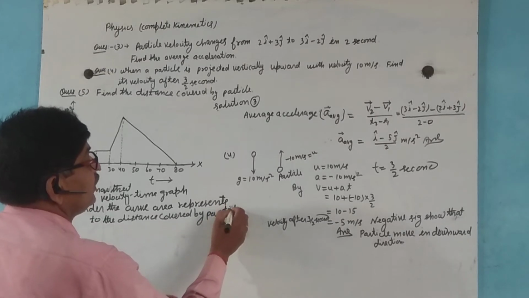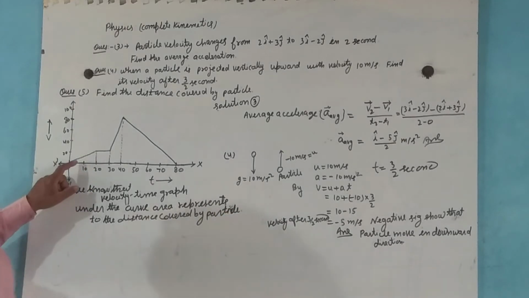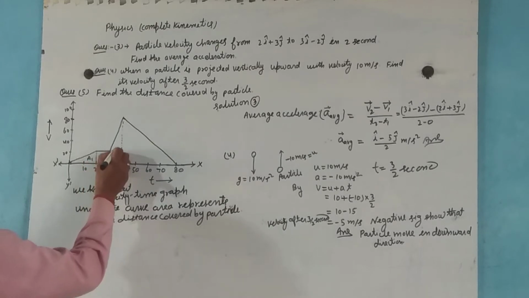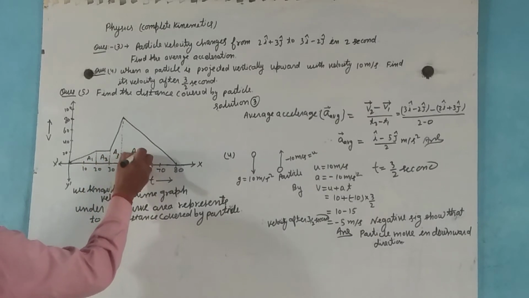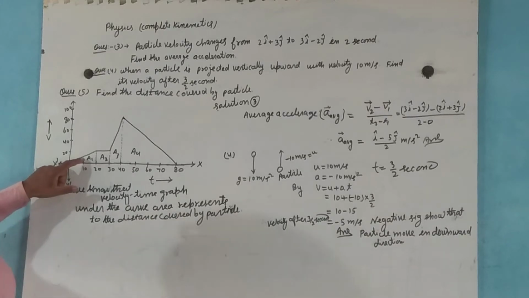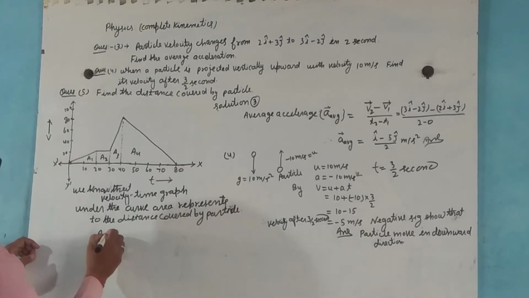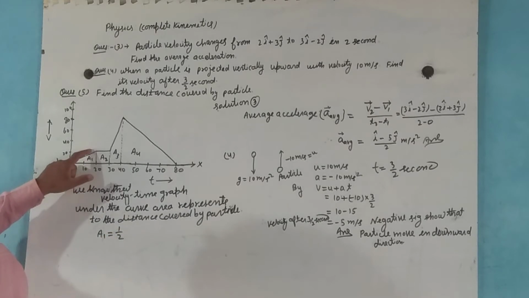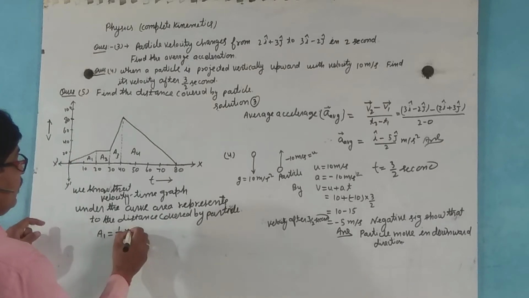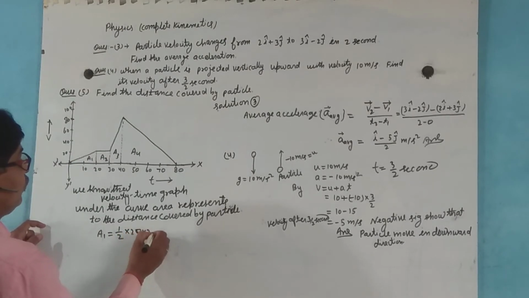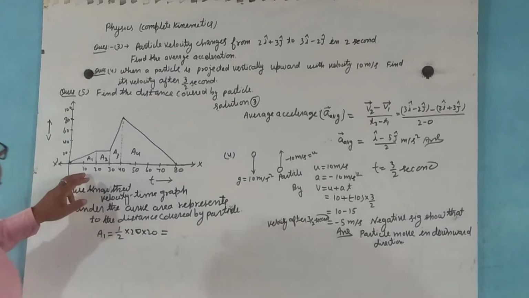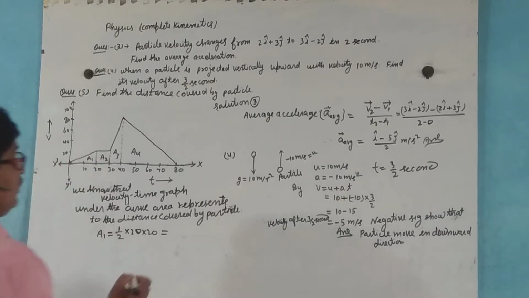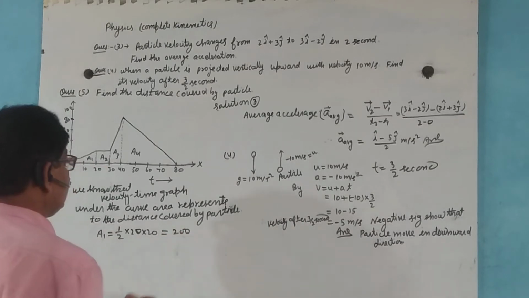In this case, let us suppose this area is A1, this is A2, this is A3, this is A4. Area of A1 is 1 by 2 into base into height, 1 by 2 into 20 into 20, which is equal to 200.